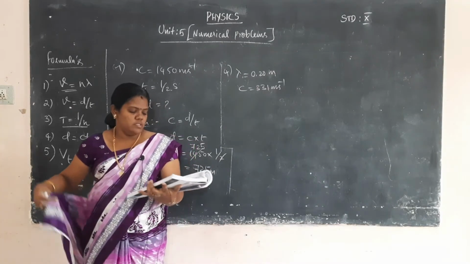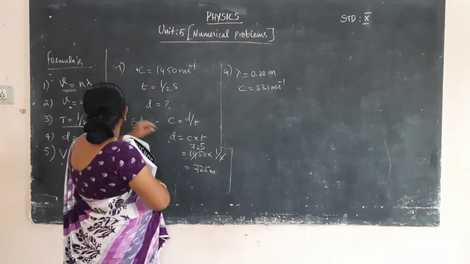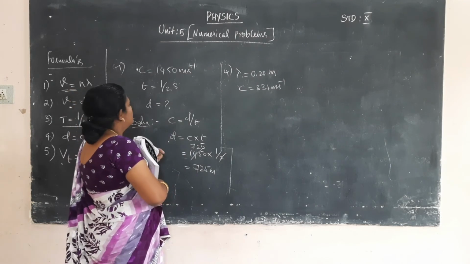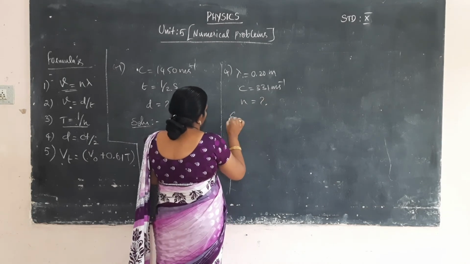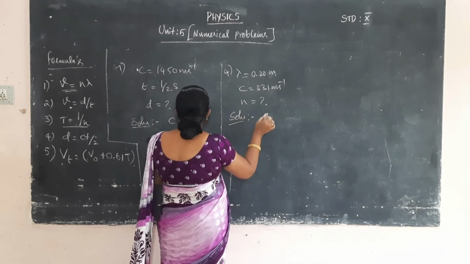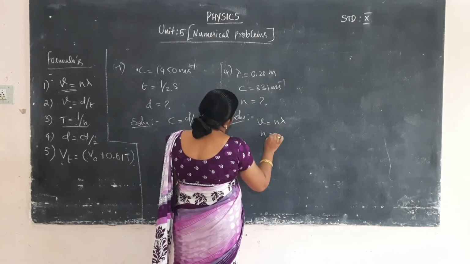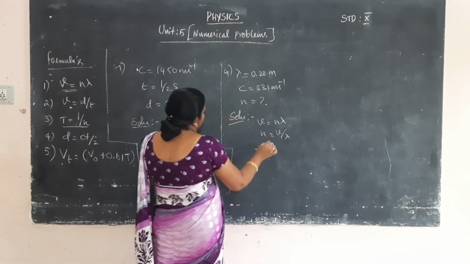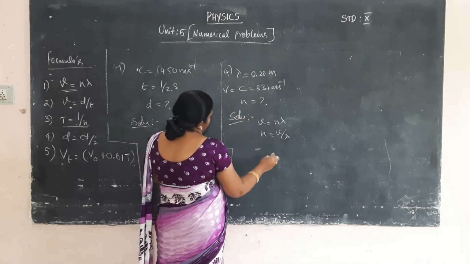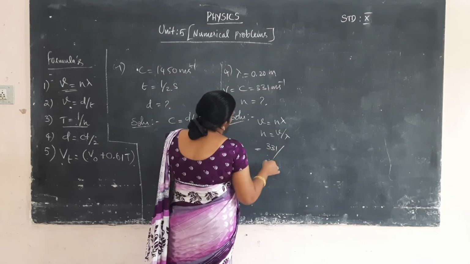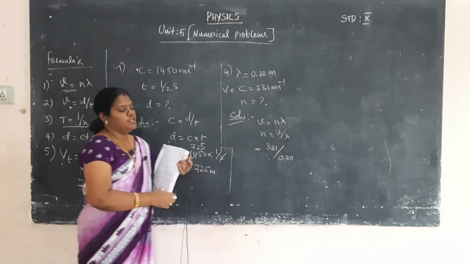Frequency of the sound. Already I told the formula for velocity: V is equal to n into lambda. So we want to calculate the frequency of the sound. What's the formula? V is equal to n lambda. We want n only, so n is equal to V by lambda. Substitute the V value, that is C. So 331 by lambda value, which is 0.20.